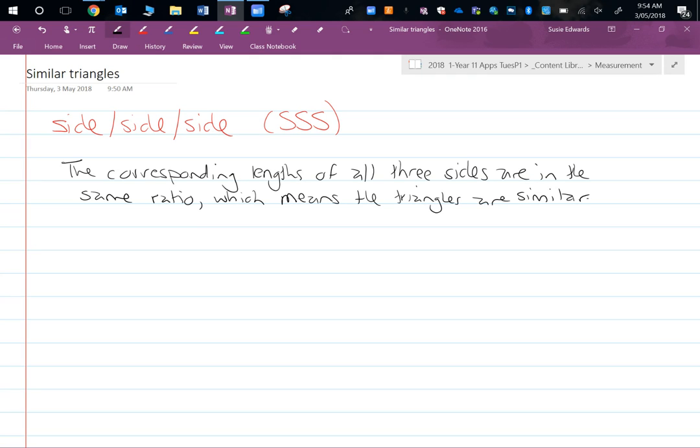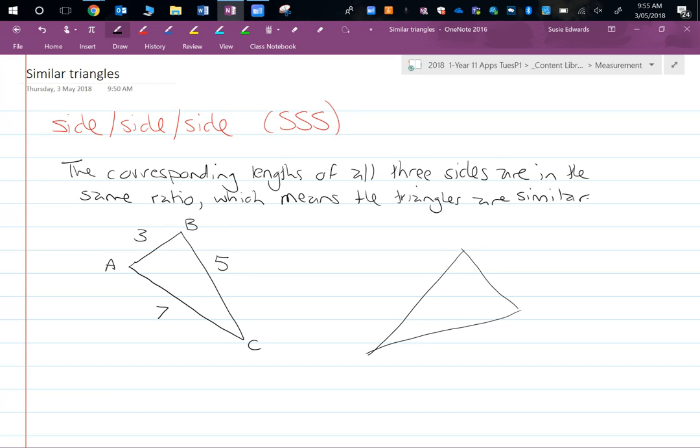So for example, if we look at triangle ABC and DEF, we've got these triangles.